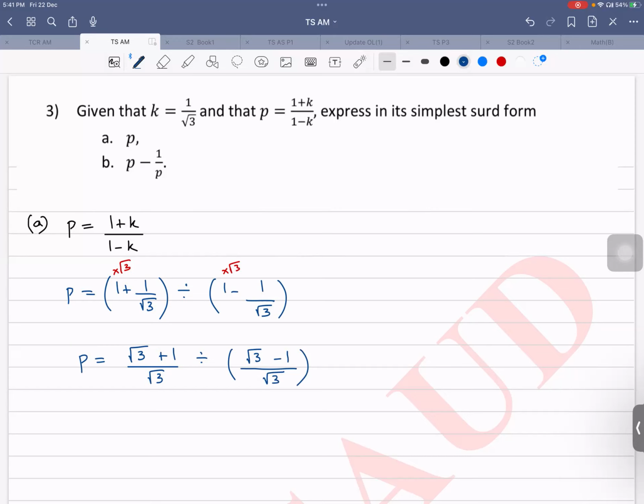Or we could convert the division into multiplication and take the reciprocal.